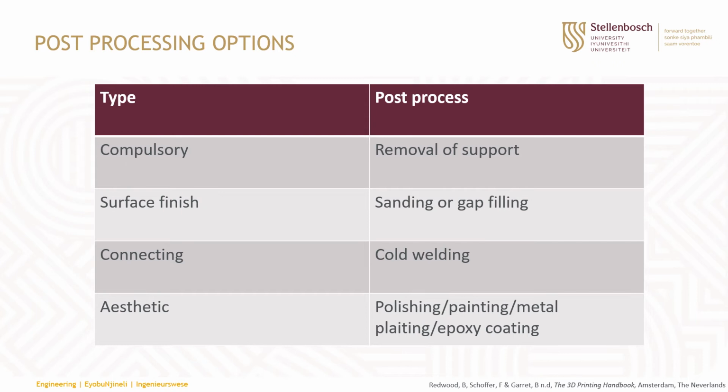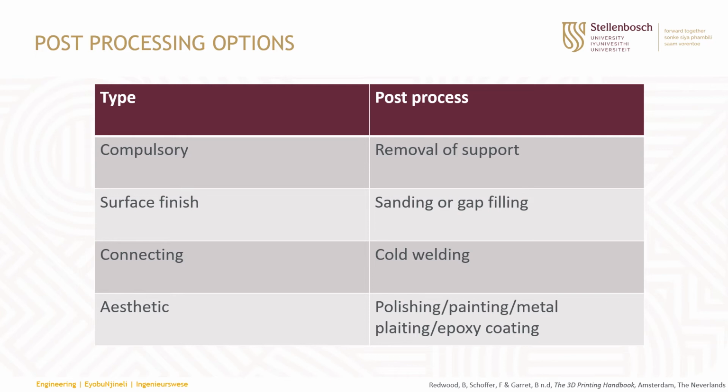Surface finish can further be improved by light sanding with grit paper of not less than 600 grit, because some FDM plastics are soft. Gap filling with an epoxy resin can also be done to smoothen surfaces.